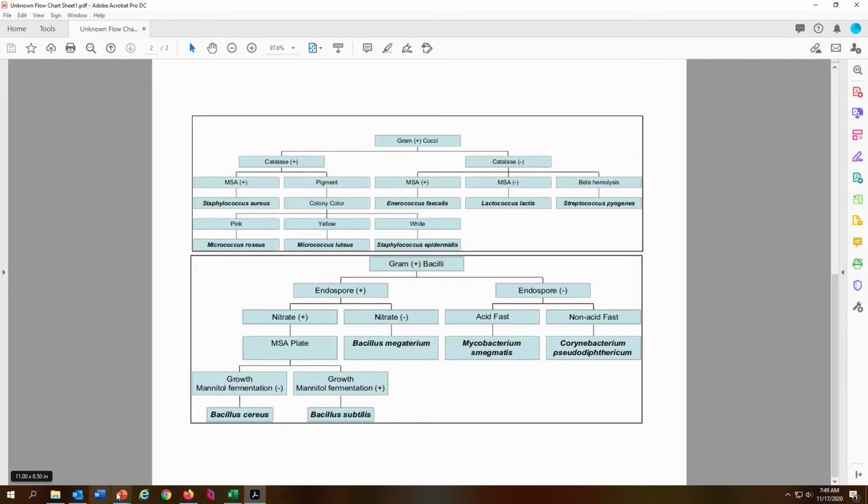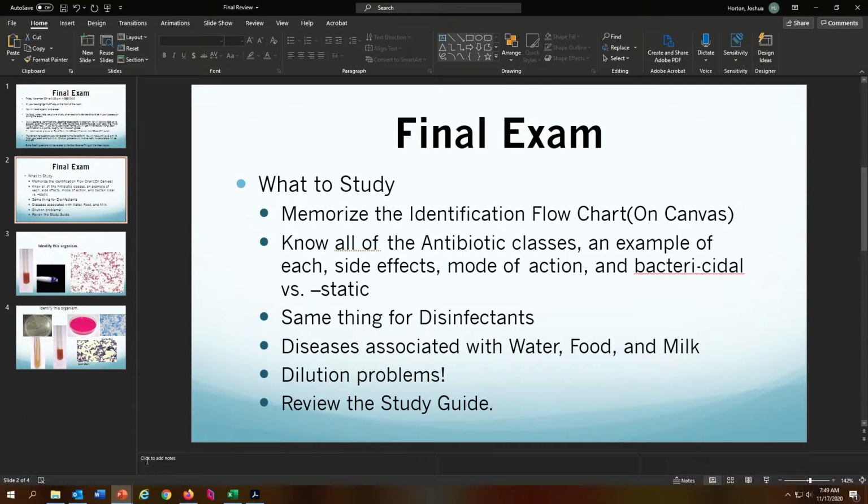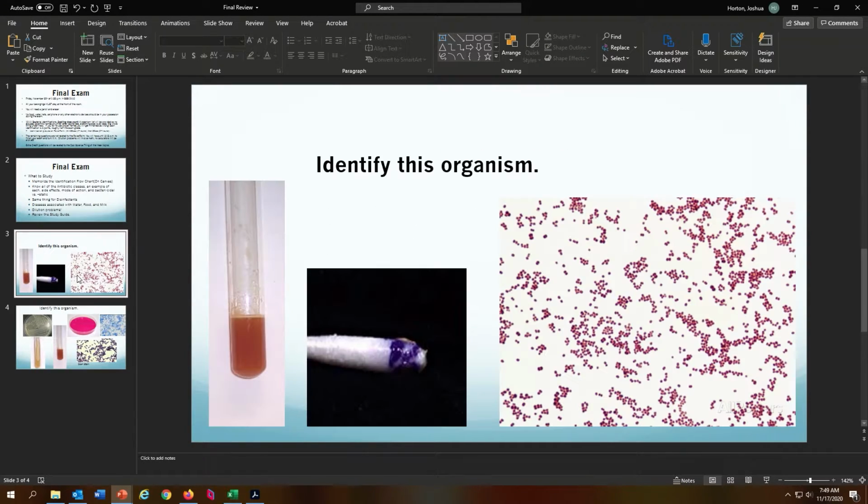For example, going back to our final exam sheet, I might give you something that looks like this and ask what it is. You'd say, okay, this is a gram stain, and that reddish, bright pink color must be gram-negative. These are not bacilli, they are cocci.